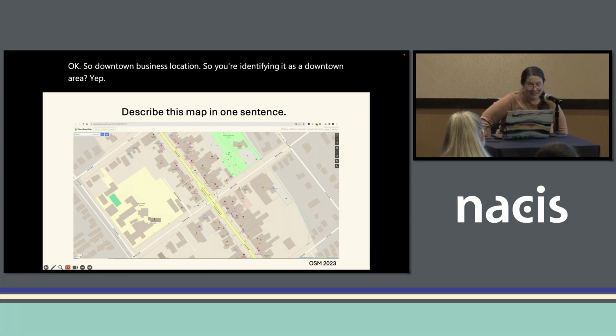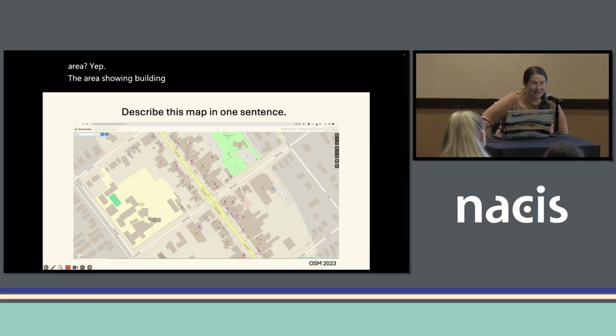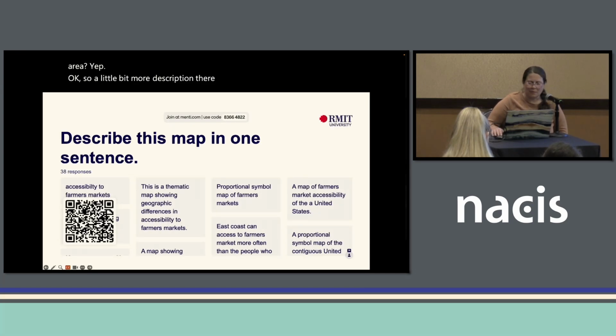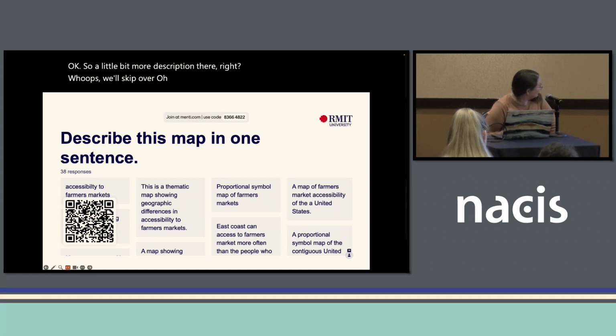A digital map of a downtown city area showing building footprints, roadways, parks, and labels. Okay, so a little bit more description there, right? Okay, fantastic. We actually have some of those descriptions since the internet finally decided to work.